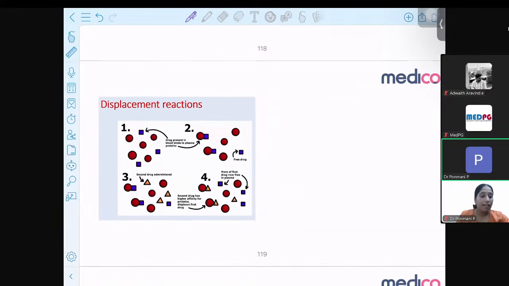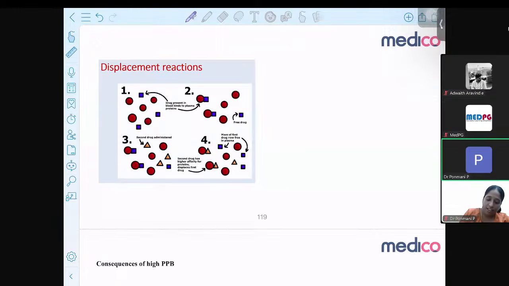For example, there are two drugs. Imagine there is a plasma protein here and there is a drug which is given in blue, which is drug A. Now, this drug A has a very good affinity for the plasma protein, so it is binding here. Now we are administering another drug, which is drug B. So what is this second drug going to do?